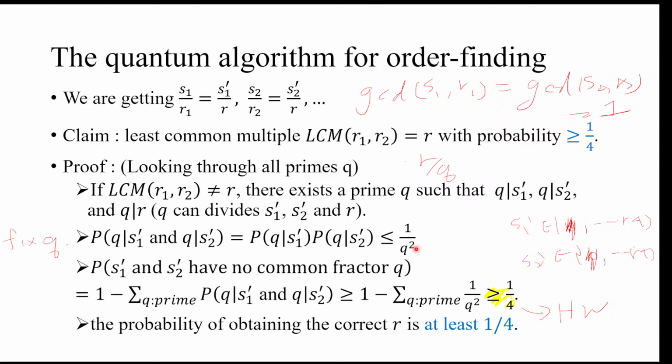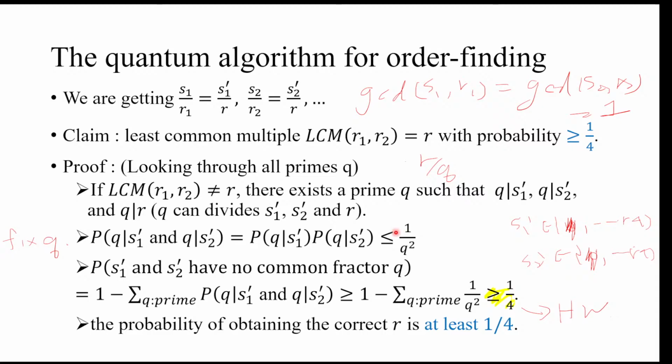And if we are being a bit careful, we also know Q divides R. If you condition on Q dividing R, this will actually be 1 over Q squared, because every remainder when you divide by Q has the same probability. Anyway, it's about 1 over Q squared here.